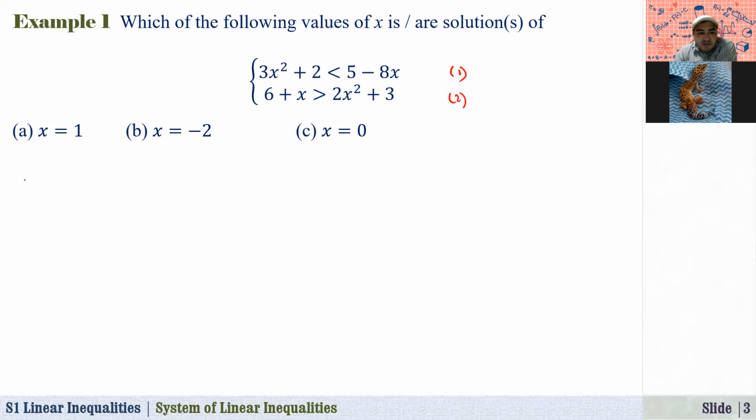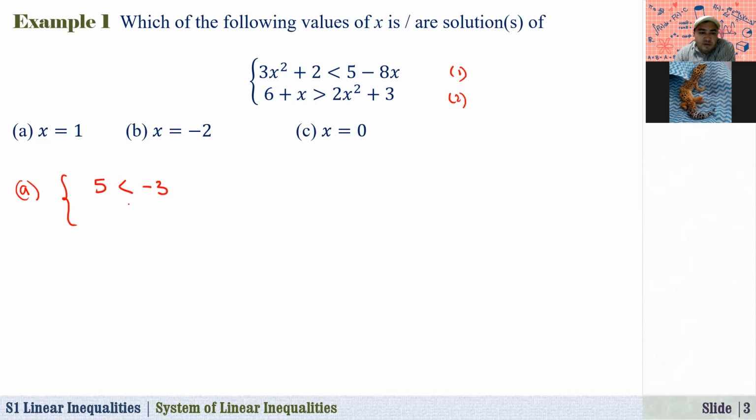For example, if you just check the first one, A, x equals 1, is it actually the solution of this inequality or not? If you substitute, on the left-hand side, here we have 3 times 1 squared, that is 3, right? Plus 2, that's equal to 5. Less than 5 minus 8, that's equal to negative 3.